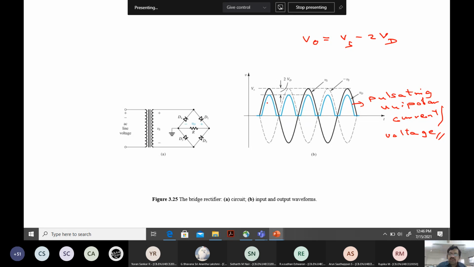We are able to utilize the full wave. A full wave rectifier with a center tap transformer is also possible, but the disadvantage is that in any half cycle we will not be using the other secondary.